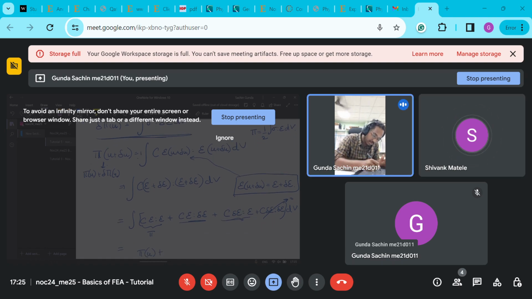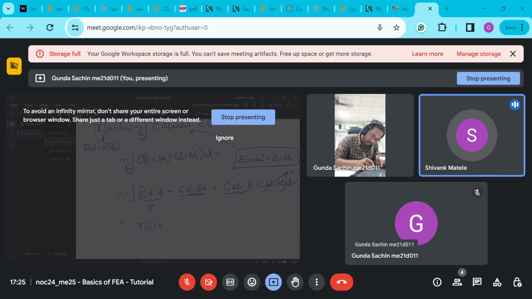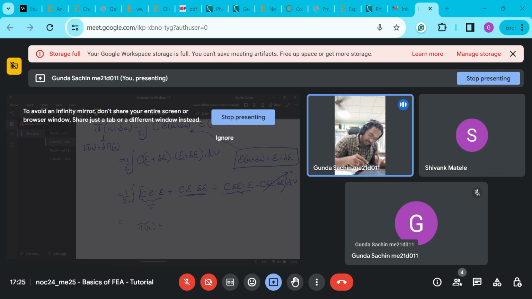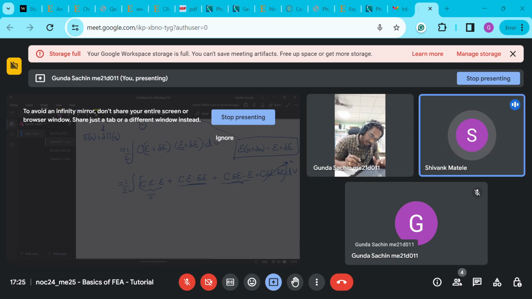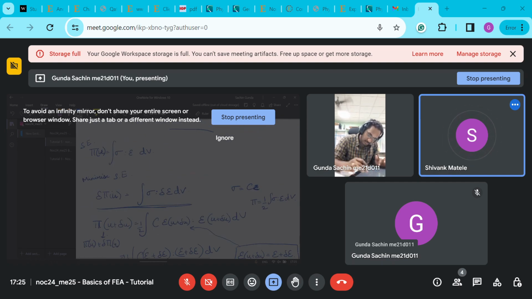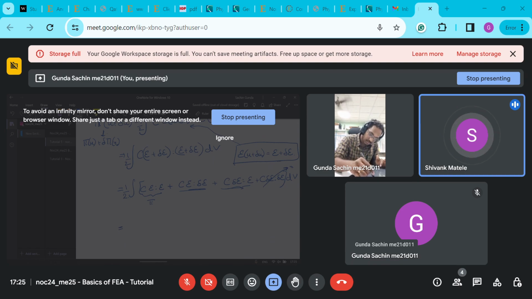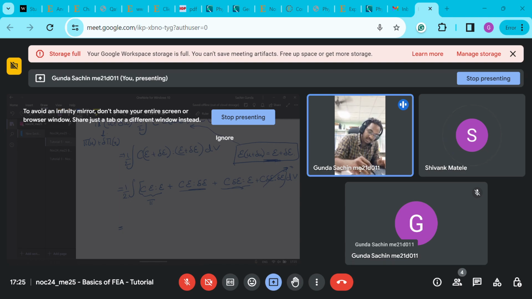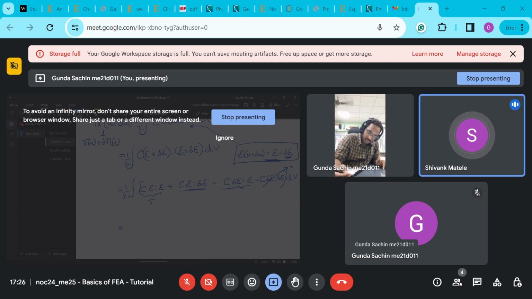Actually, pi is half times, right? Yes, so half will be present. That's okay. This first term would be pi of u. You have written epsilon of u plus del u as epsilon plus del epsilon, how? Yes, this bracket.